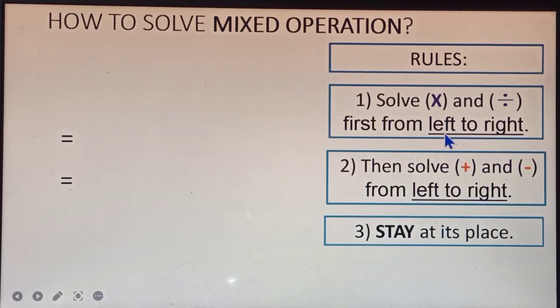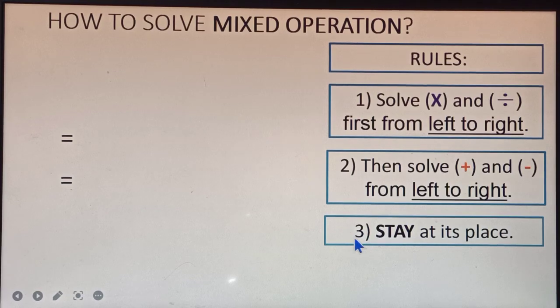Masih pakai kiri ke kanan, tetapi kita utamakan yang ada kali and divide dahulu. Okay. Rule kedua, lepas kita solve kali dan bahagi, baru kita selesaikan campur and tolak, addition and subtraction from left to right juga.